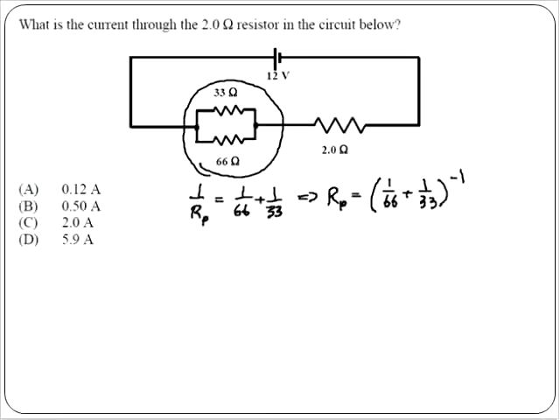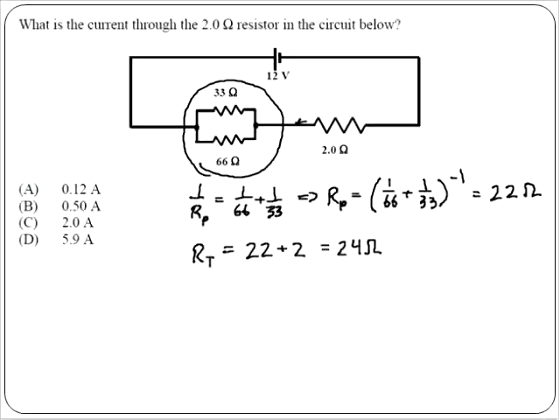In other words, I take the reciprocal of that. And if you like, you can do all that in one step in your calculator. That happens to equal 22. Now I can find the total, because the total is just that 22 plus the 2 that's in series with it. So the total resistance is 24 ohms.